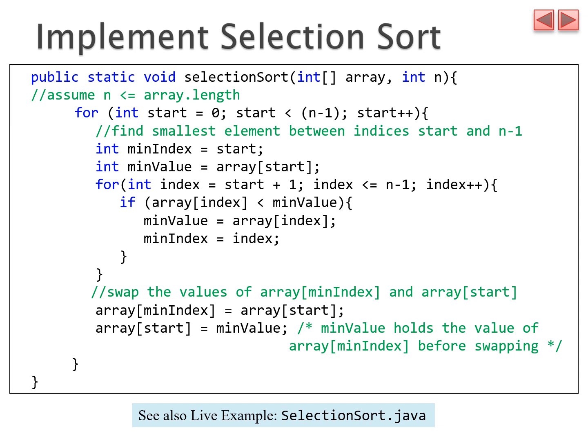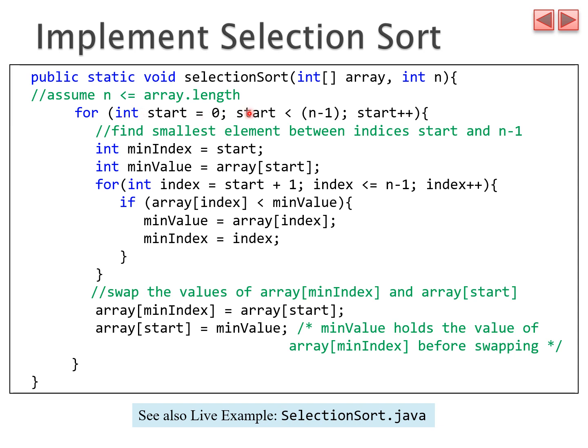In the method body, there is a for loop that corresponds to the loop where start goes from 0 to n minus 2. So the condition for the loop to continue here is start less than n minus 1. And here n is the second parameter of the method, and it is assumed to be less than or equal to the length of the input array.